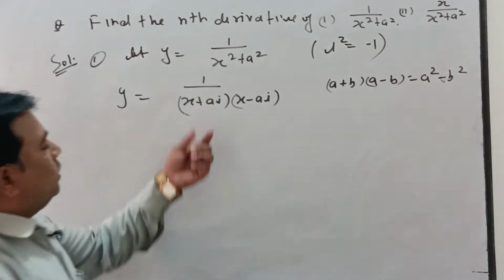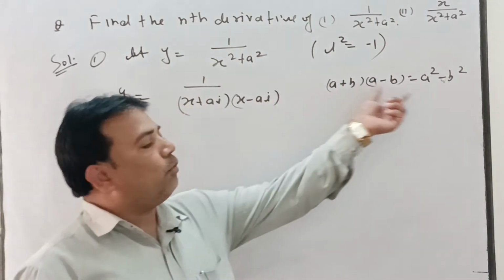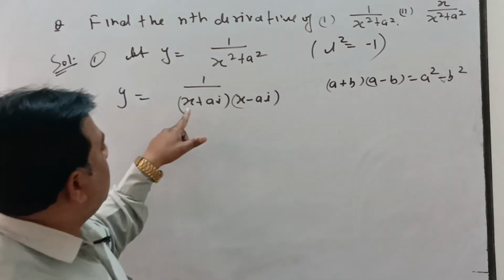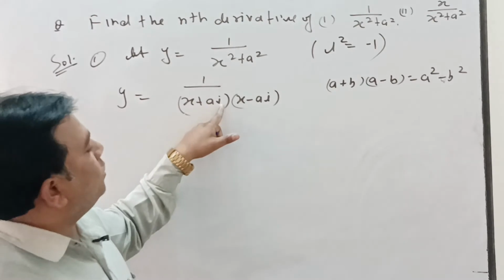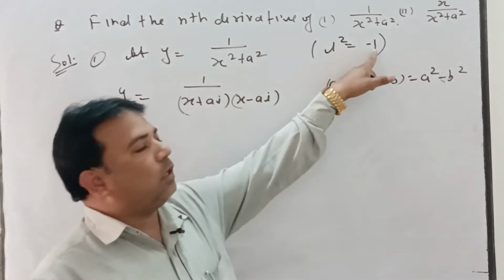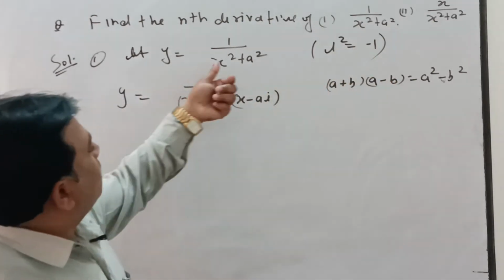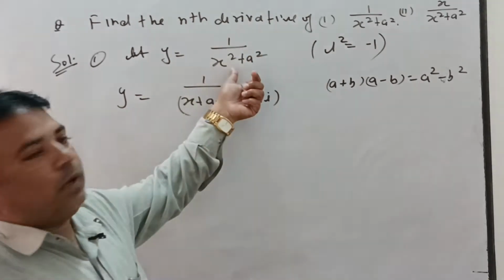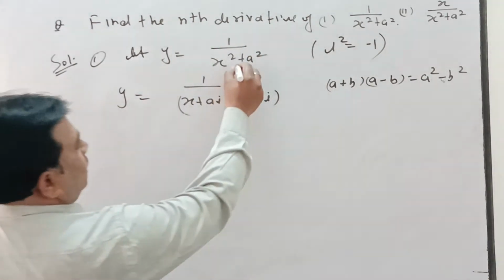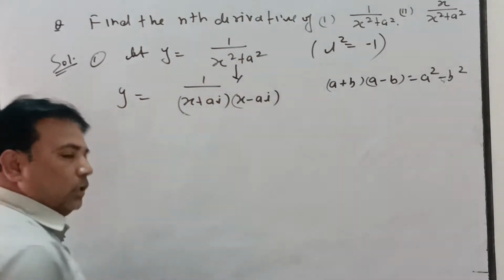It means this is the factorization. So we write x square minus a square i square, then putting the value of i square as minus 1, we get the original value. So we break the function in this form.